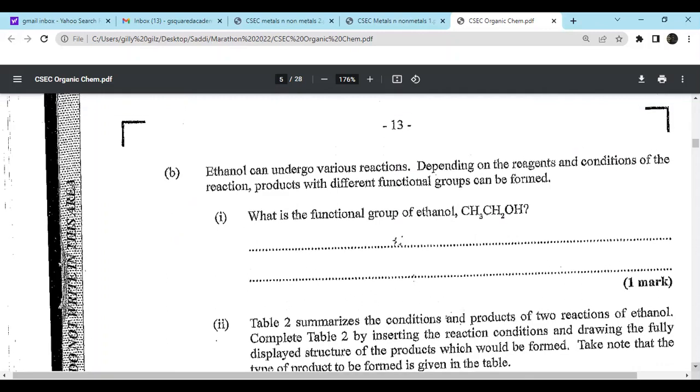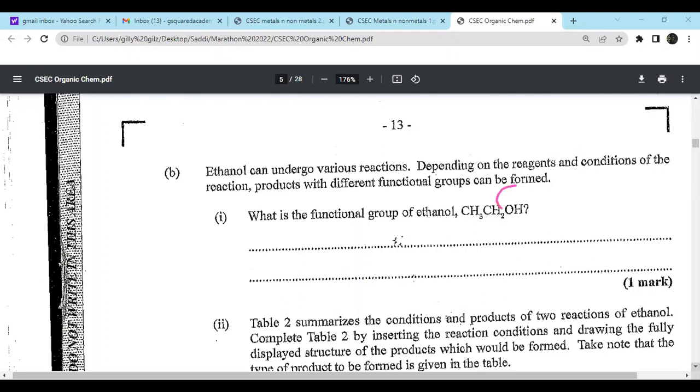So I didn't mention this, but one of the ways that you can identify an organic compound is by this thing called the functional group. The functional group is the reactive part of the organic compound. Okay, so in the case of ethanol, it is OH right there.